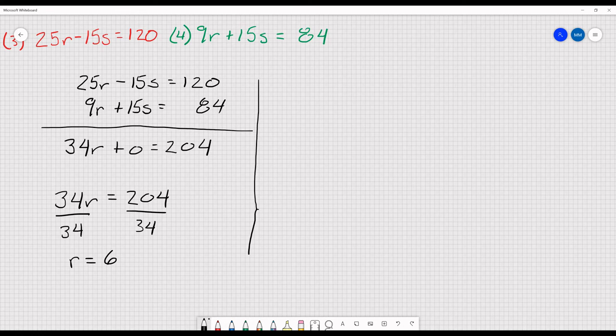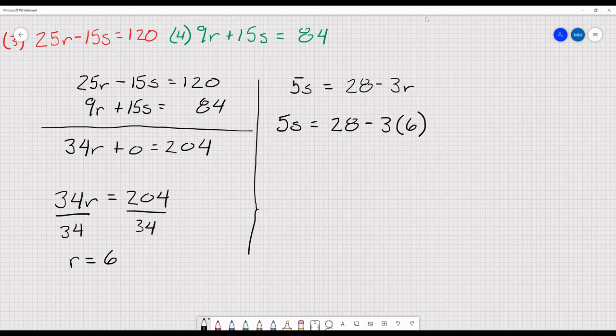The next step says, all right, if r is 6, take that back to one of our original equations, plug it in, and find out what s is. I'll go to the original equation 2. Notice it was written as 5s equals 28 minus 3r. That's very nearly solved for s, so that's a little less work for us.